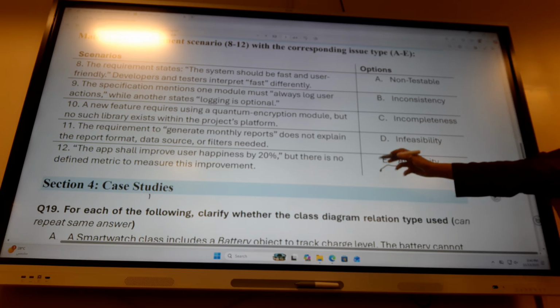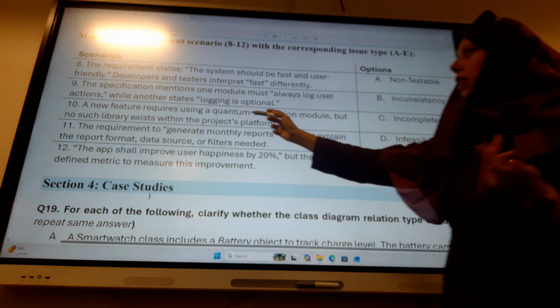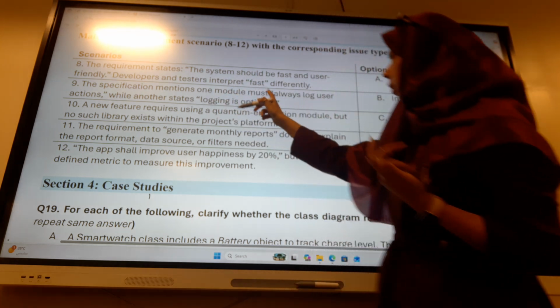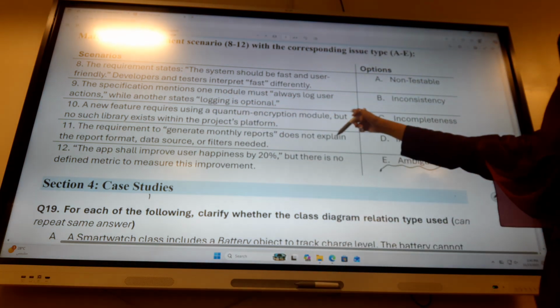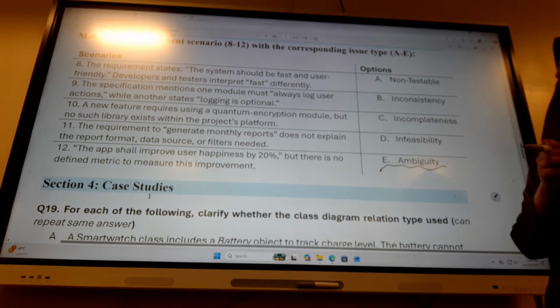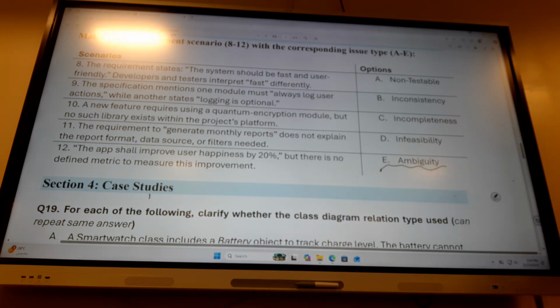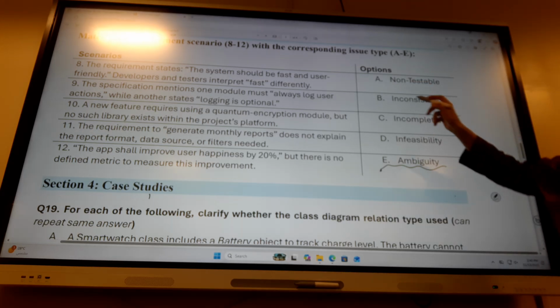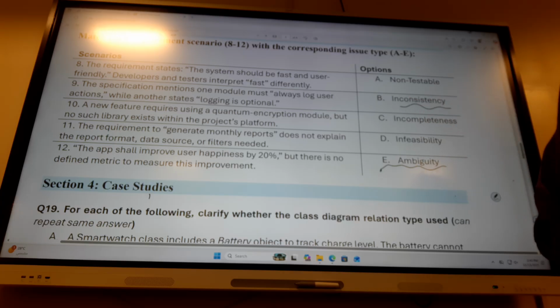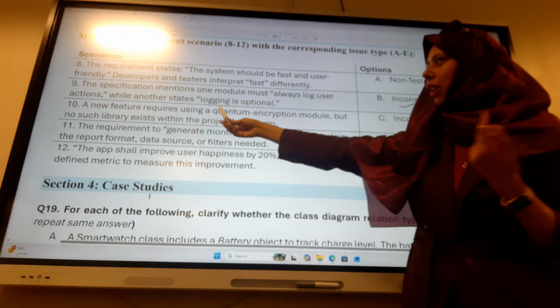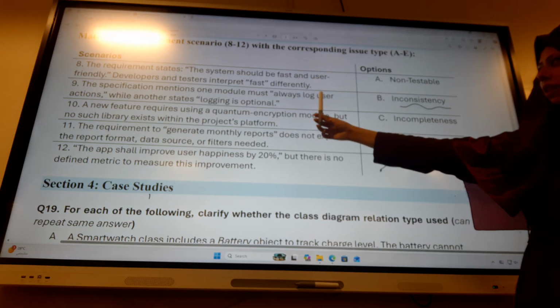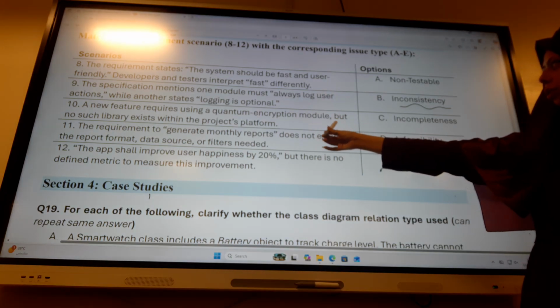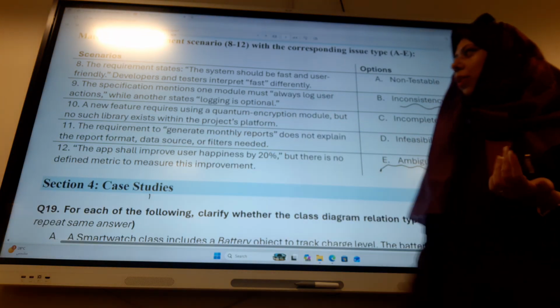When we say user-friendly or fast, this has to be measurable. Second: the specification mentions one module must always log the user action, while the other one states login is optional. So this is a contradiction, which reflects inconsistency.